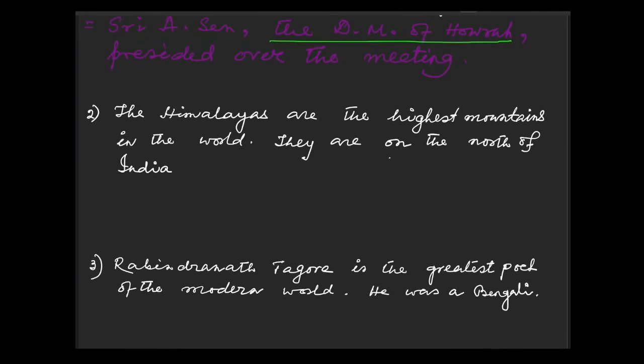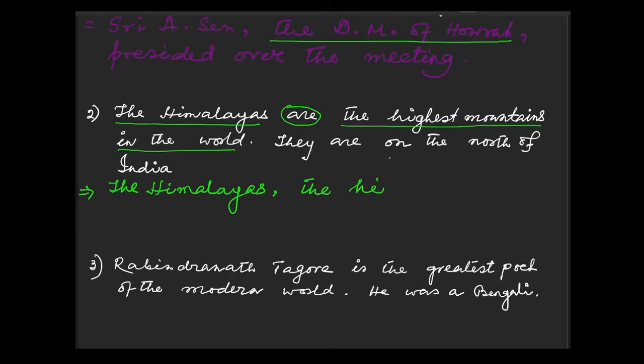The Himalayas are the highest mountains in the world. The Himalayas, the highest mountains in the world. These two parts will be connected with a comma in this place. The Himalayas, comma, the highest mountains in the world.